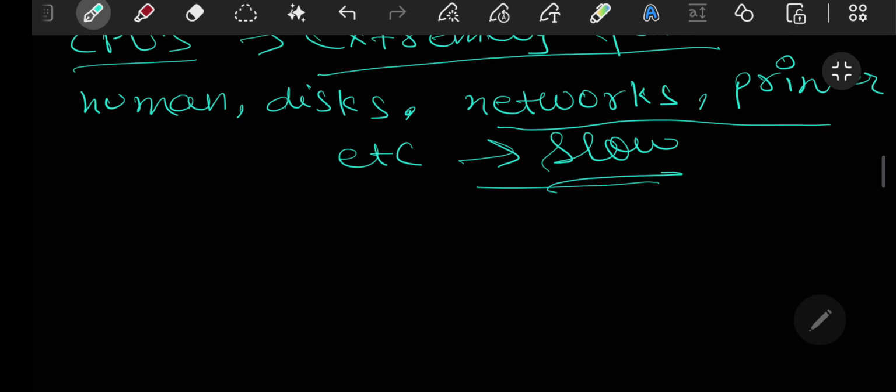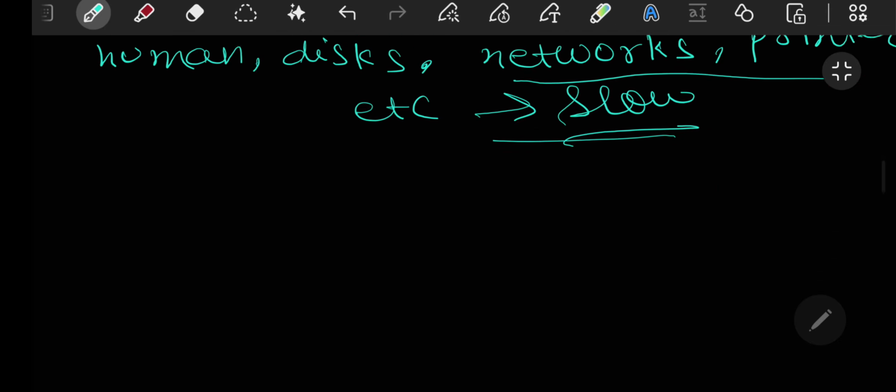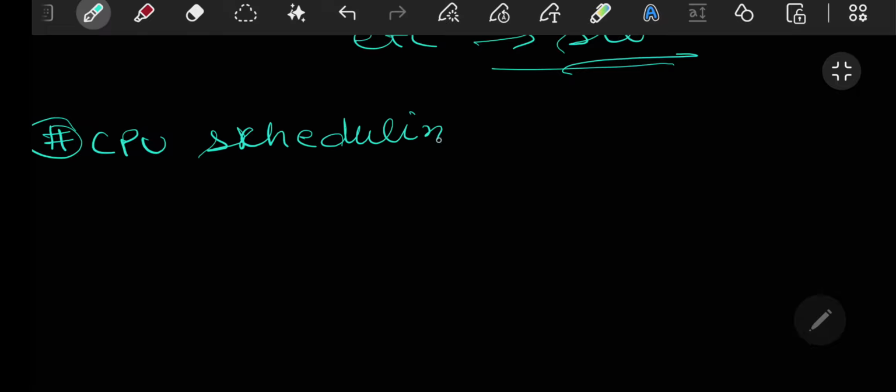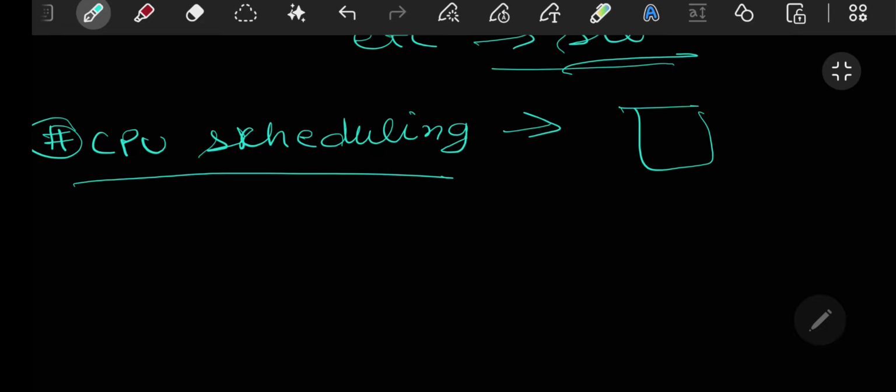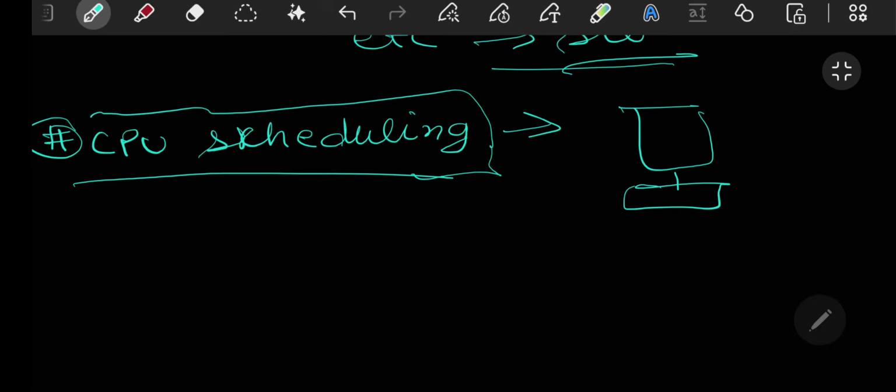But let me teach you about CPU scheduling first, and then we will come to this. CPU scheduling. So basically, the CPU scheduling problem comes when we have to run multiple programs at the same time. That's when we came to CPU scheduling.